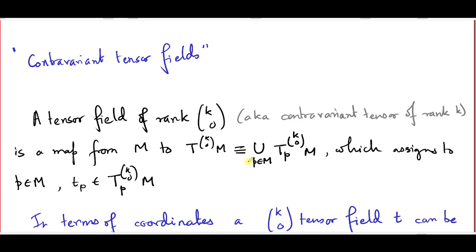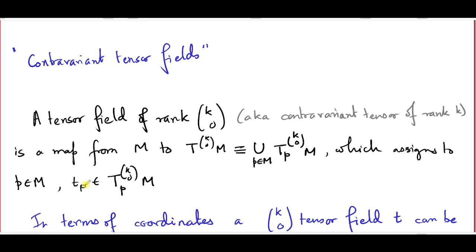So this is basically a collection of all tensors at all points of the manifold. Now a tensor field of rank (k,0) is a map from M to this particular tensor bundle, the (k,0) tensor bundle T^(k,0) M. What does it do? It assigns to every point p belonging to M a member of T_p^(k,0) M, that is a (k,0) tensor at the point p.